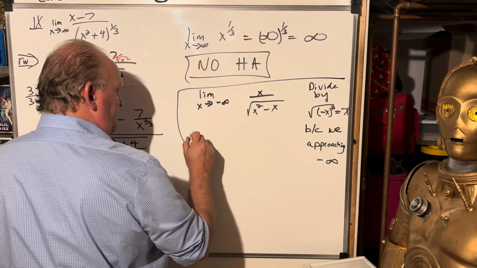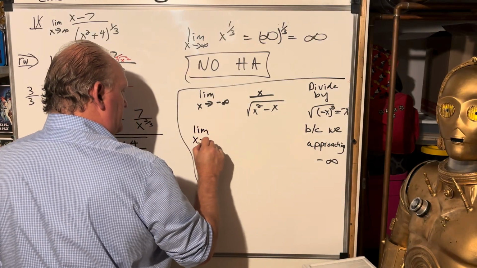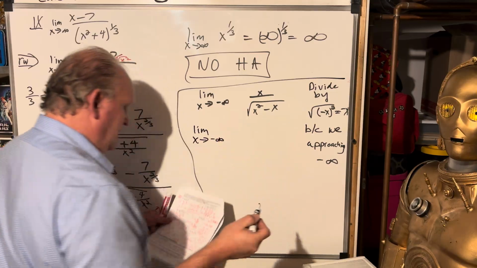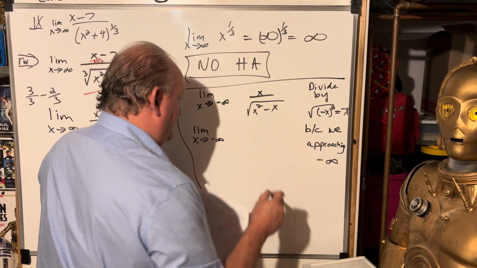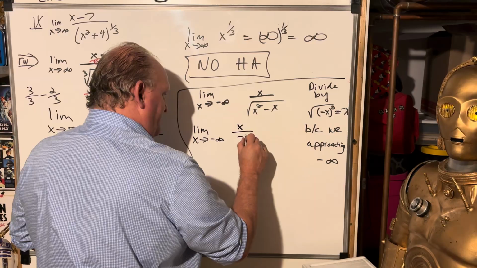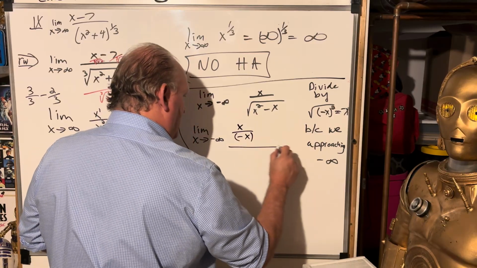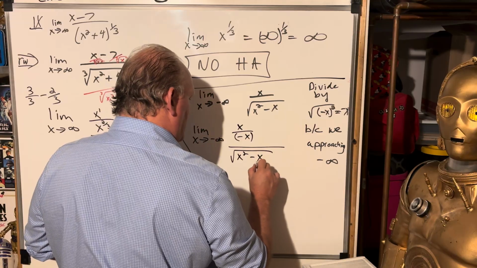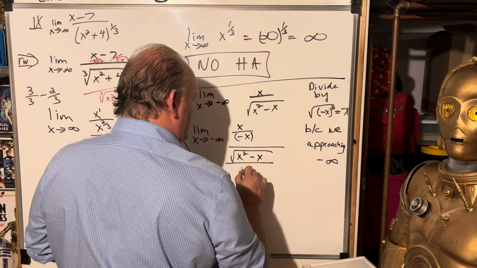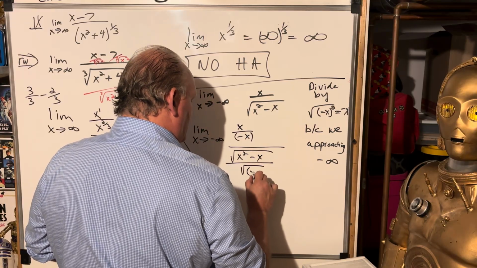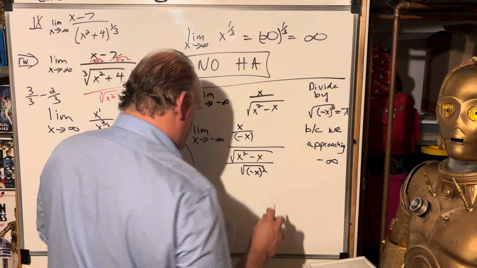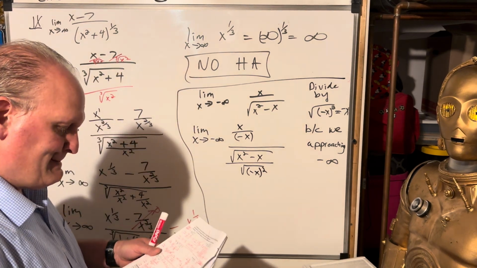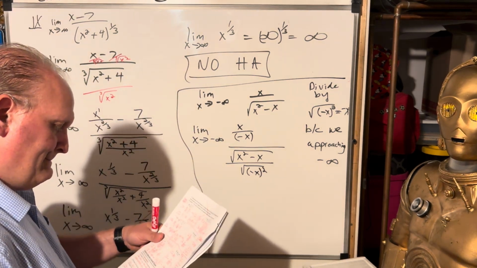So we're going to have the limit as x approaches negative infinity of x over negative x divided by the square root of x squared minus x over the square root of negative x squared. Like that.